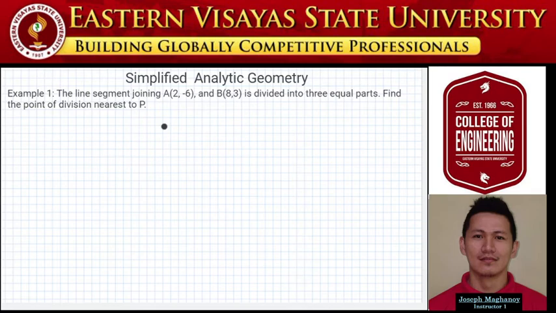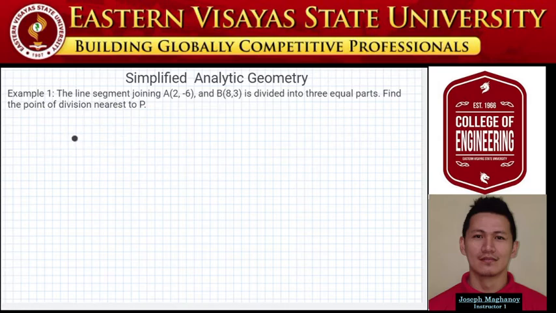Okay, example number 1. The line segment joining A and B is divided into 3 equal parts, and the problem requires us to find the division nearest to A. Our first procedure in solving this kind of problem is to illustrate or plot the given points.